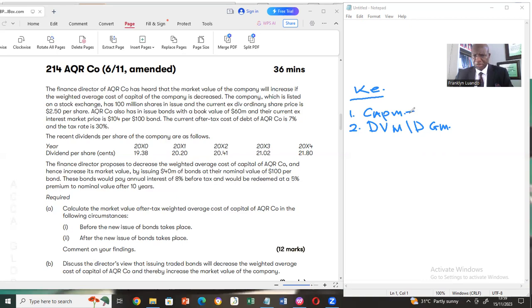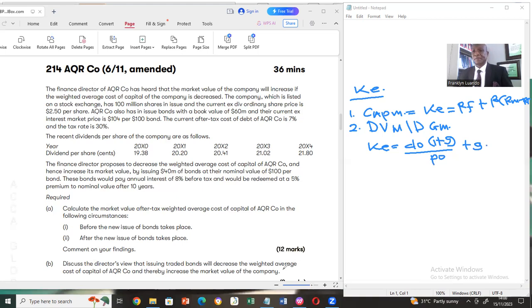When you are using CAPM, cost of equity is equal to the risk-free rate, that is interest from risk-free assets such as treasury bills, plus the beta factor, multiplied by the return from the market as a whole, less the risk-free rate. For the dividend valuation model, cost of equity is equal to D0 (1 plus annual growth in dividend) divided by market price per share, excluding dividend, plus annual dividend growth.